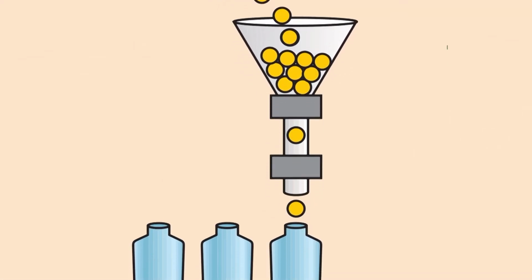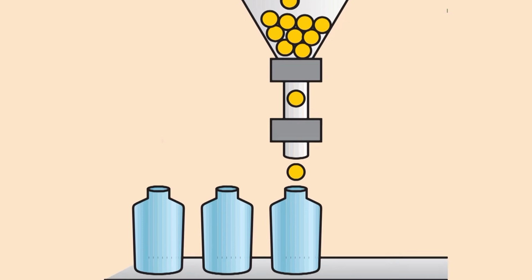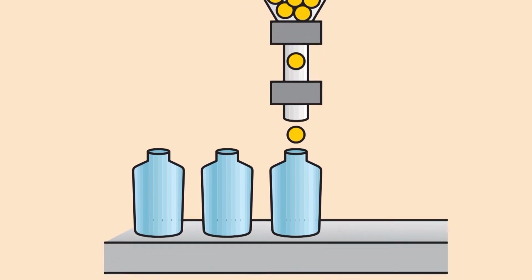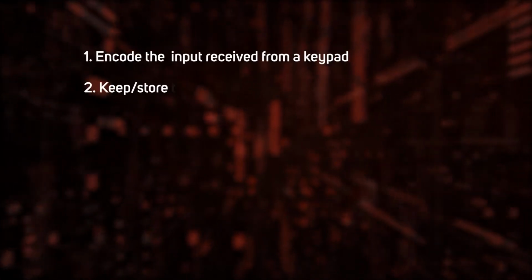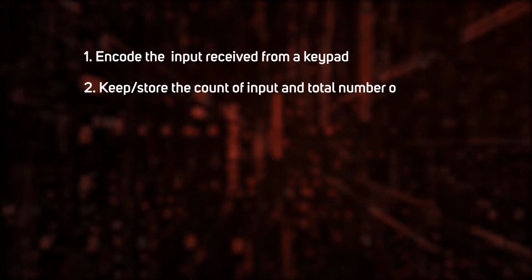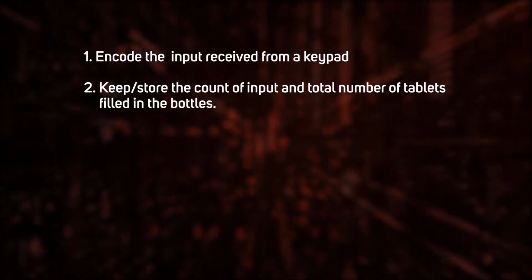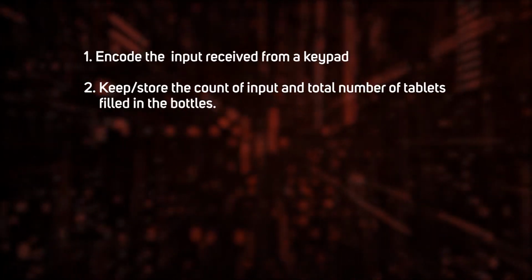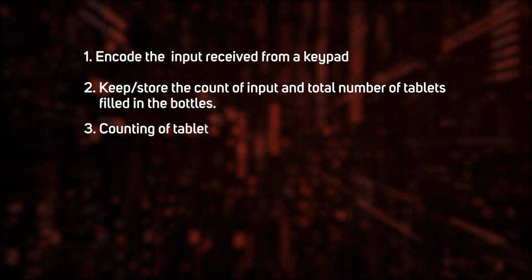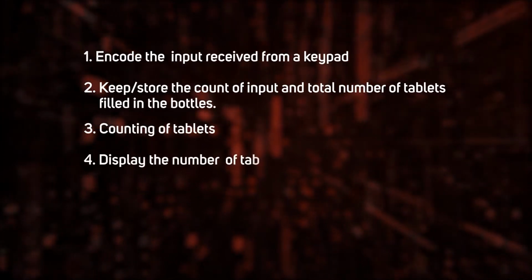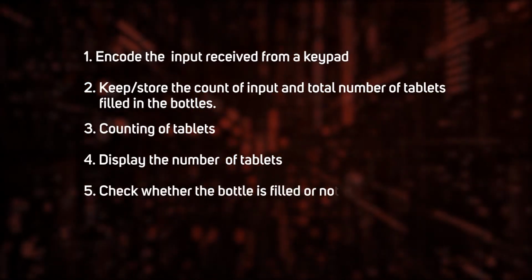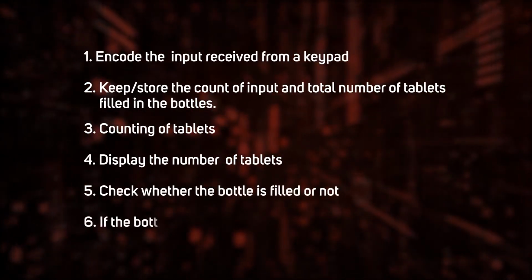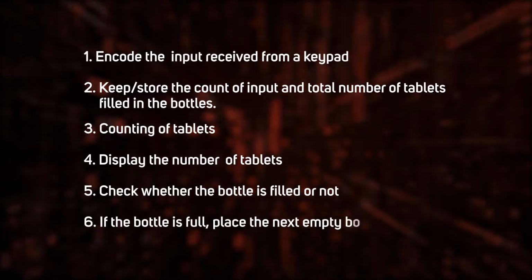There are certain requirements to be satisfied while running the system. The important functions are: encode the input received from a keyboard, store the count of input and the total number of tablets filled in the bottles, count the tablets, display the number of tablets, and check whether the bottle is filled or not. The last one: if the bottle is full, place the next empty bottle.